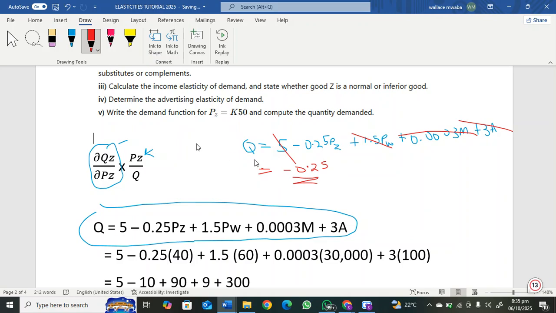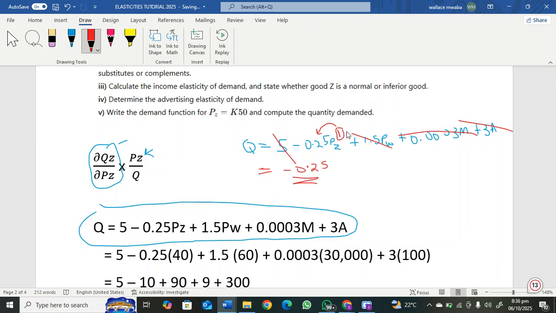Now the official way to do it is like this. This PZ is to the power 1. Whenever you're deriving, you multiply the exponent with the number in front of the letter. 1 times negative 0.25, you get negative 0.25.